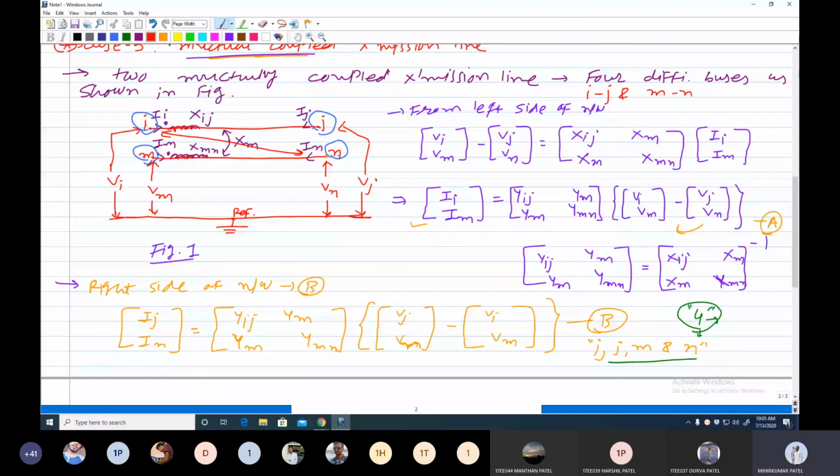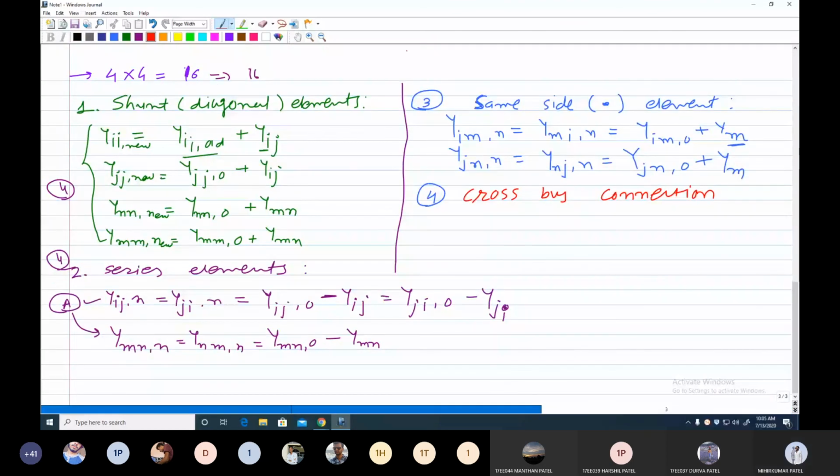In the previous case, we have calculated same side, means left side and right side, I, J, M, and N. So we have considered these two in case 3. Now we will consider the effect of this cross connection between these 4 buses or between these 2 transmission lines.